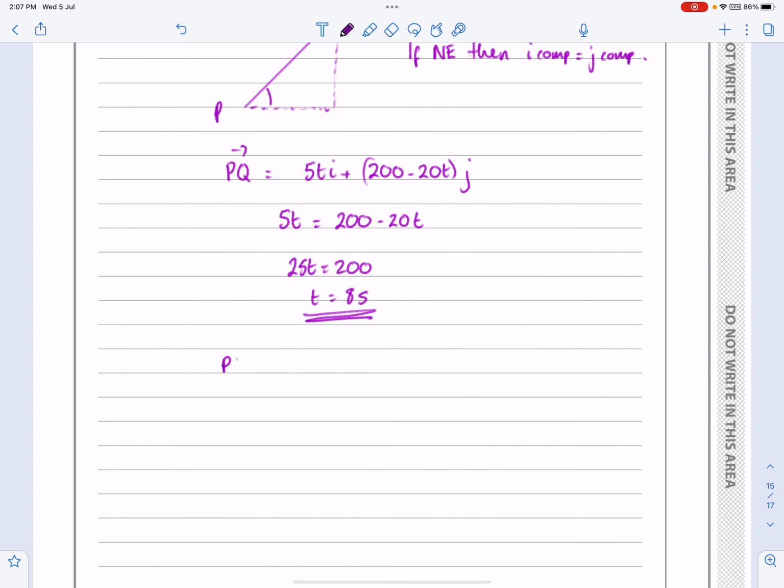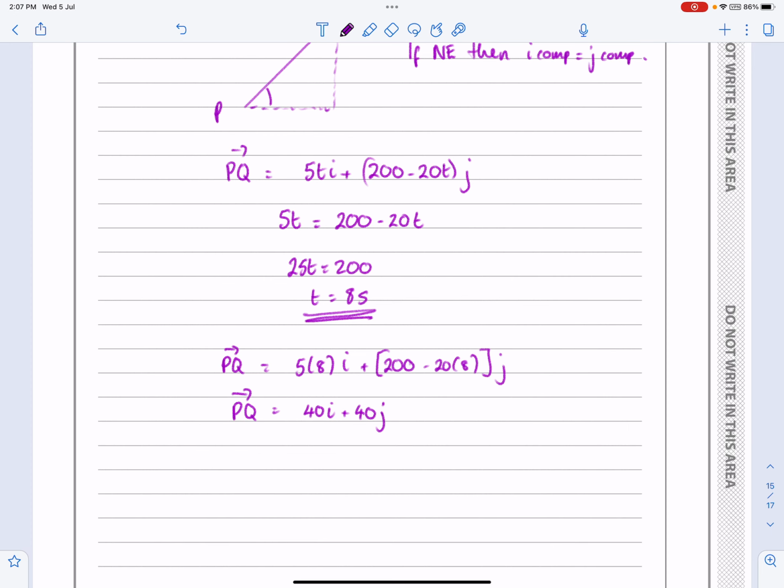So PQ is now going to equal 5 times 8 i and (200 minus 20 times 8) j. Work out that that's 40i and it's 40j actually.